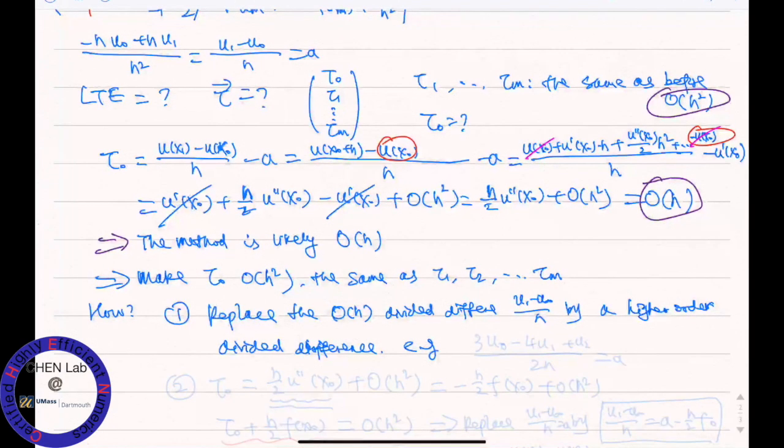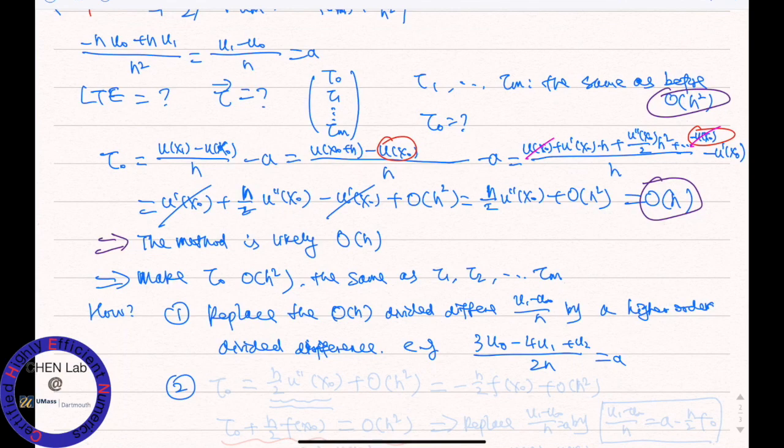For example, the scheme that we derived is 3u0 minus 4u1 plus u2 divided by 2h is equal to a. Okay, so we put 3 points there, and I'm not going to write down the linear algebra system. That's your practice.